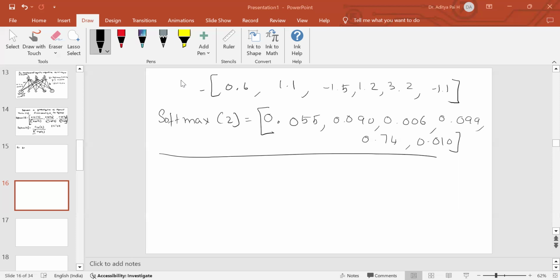So wx plus b is applied, we are applying the sigma function to wx plus b, and what you get is h as the output. This h output acts as an input in the next layer.